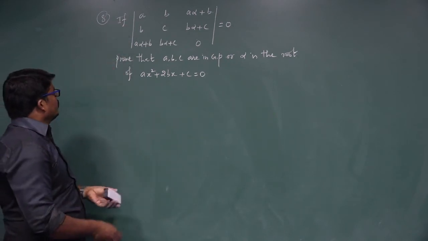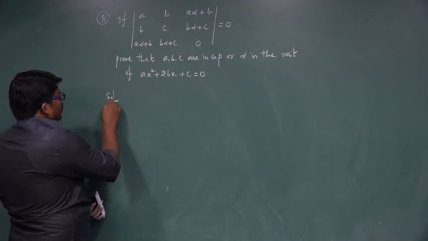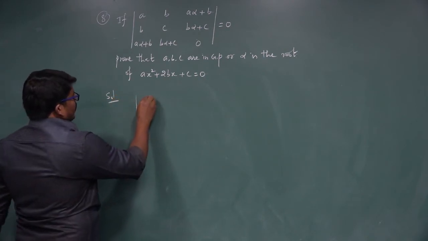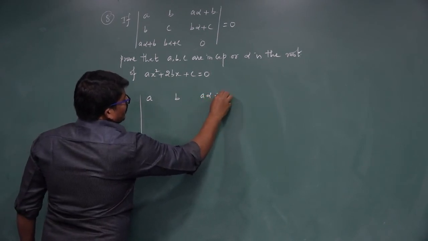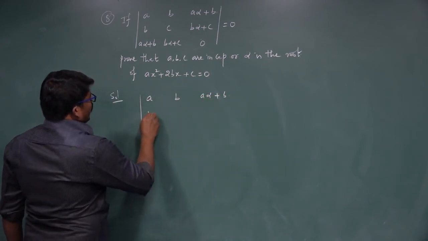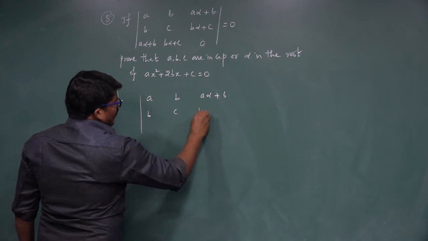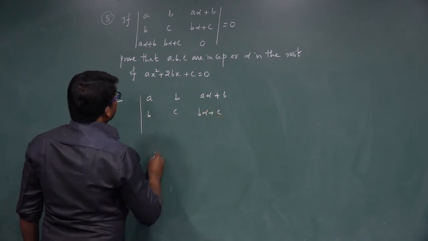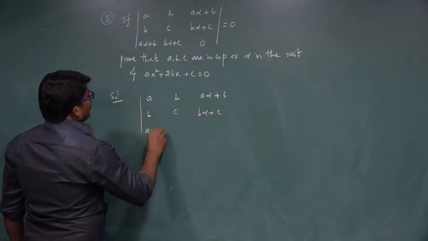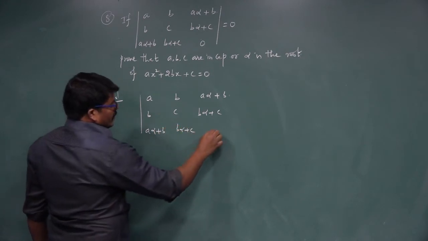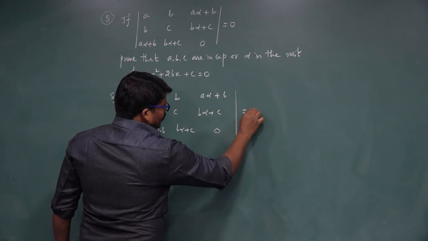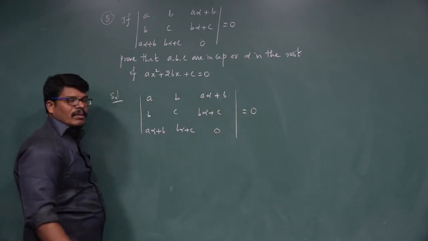Now taking the given determinant: first row A, B, A alpha plus B; second row B, C, B alpha plus C; third row A alpha plus B, B alpha plus C, 0. This equals 0.